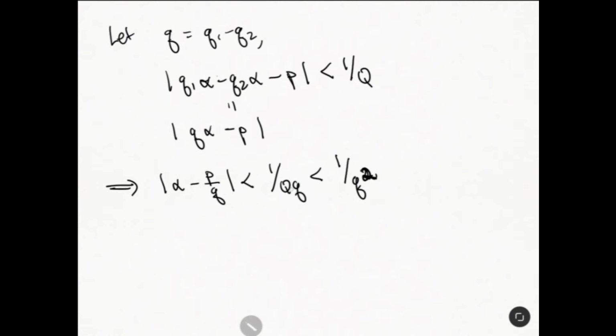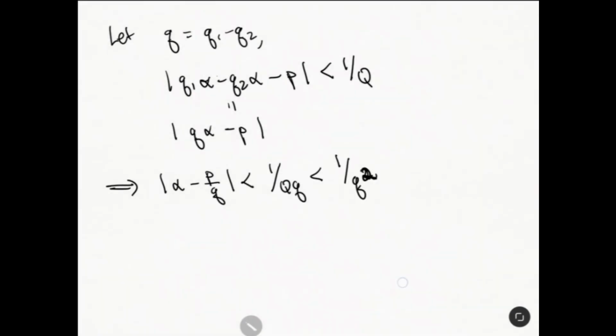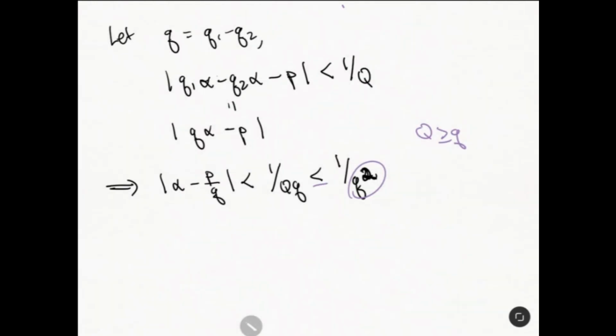And it's also smaller than 1 over q squared, because we're using that q is bigger than or equal to the original q. We could say less than or equal to, but the whole thing is still strictly less because of this inequality. So that's the idea.